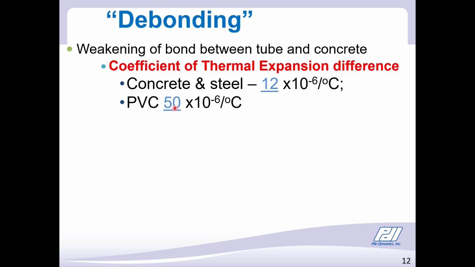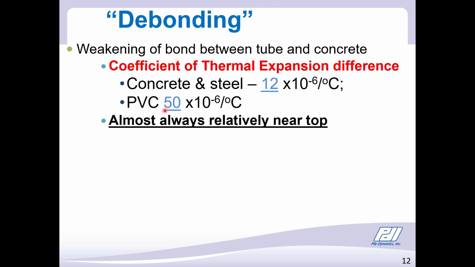So during the curing process, when the temperature is very warm in the concrete, the tube expands more than the concrete does. And when the concrete cools and the PVC tube cools, the concrete will pull away from the plastic tube and create a gap.